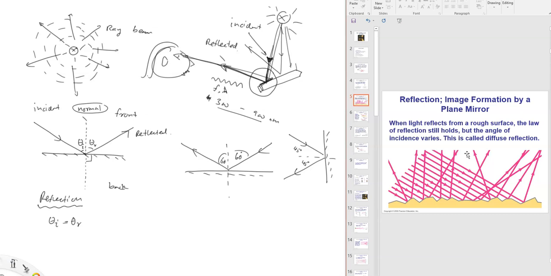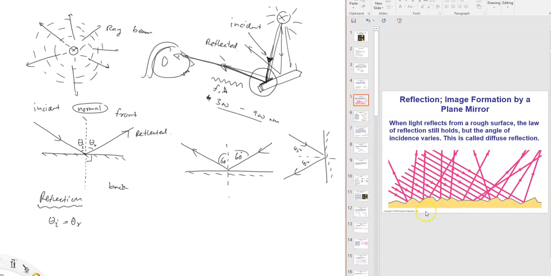Alright, reflection. When light reflects from a rough surface, the law of reflection still holds, but the angle of incidence varies. This is called diffuse reflection. Here you see this is not a very smooth surface. Most of the reflective surfaces we see around us are like this.